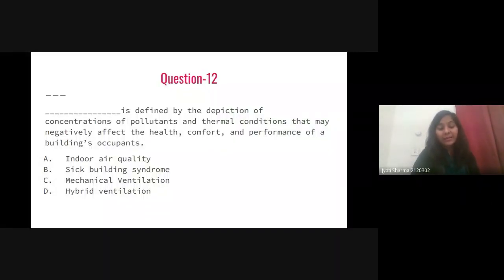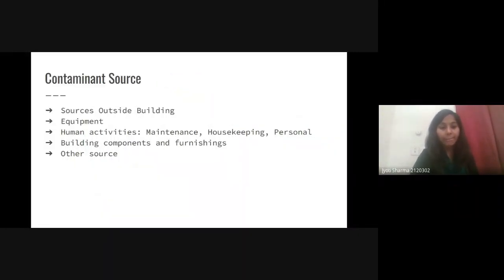And that may negatively affect the health, comfort, and the performance of the building occupant. Occupant can be a dog, a cat, a plant, a human. Whenever some concentration of pollutant is affecting some organism within a building, this is known as indoor air quality. Yes, so answer should be A.